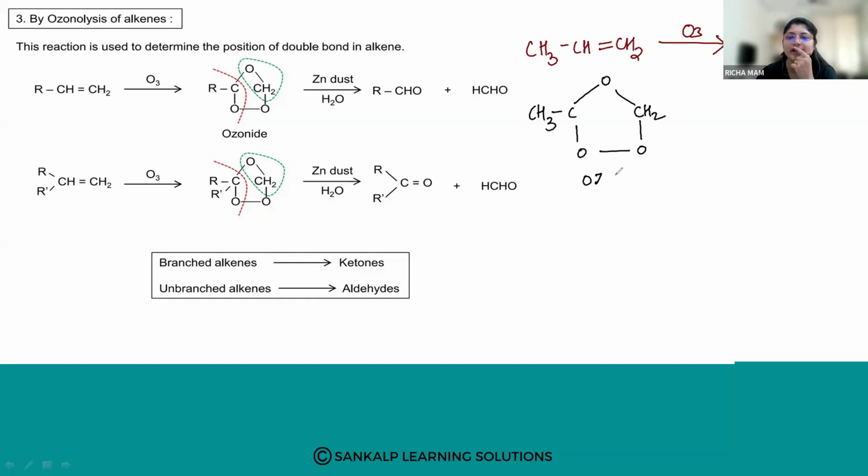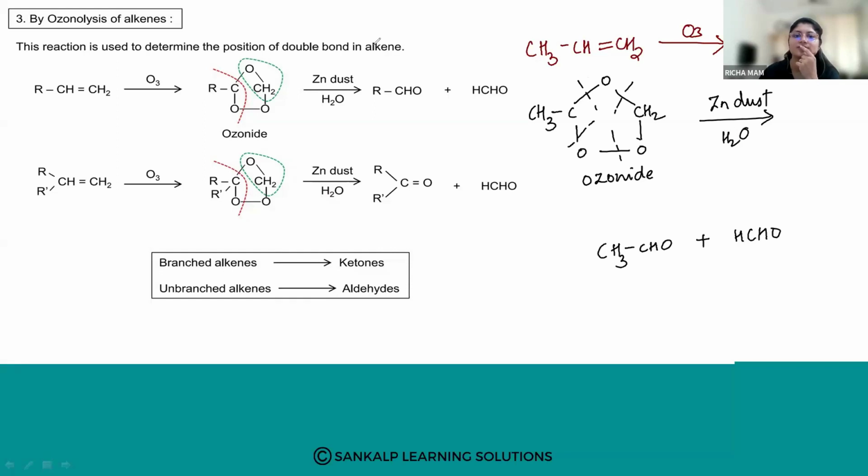So this is an ozonide. This ozonide we treat with zinc dust in the presence of water. The bonds are broken, right? So what we are going to get is CH3CHO plus HCHO.